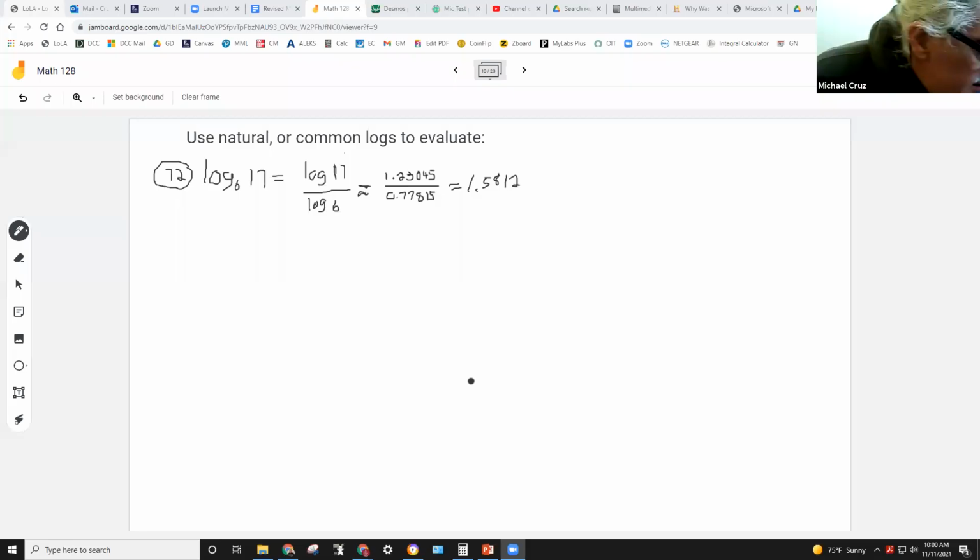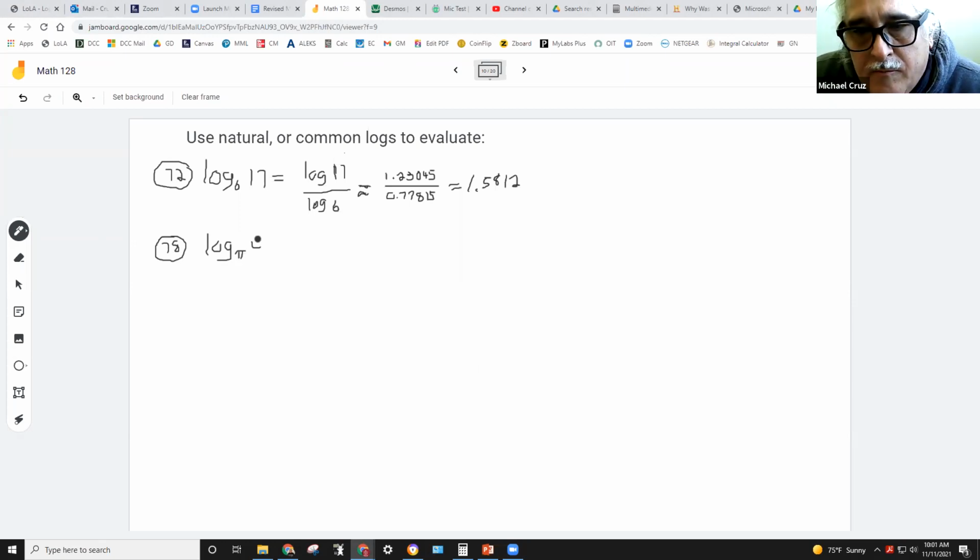All right, so let's do another change of base. Here's a strange base. It's log pi.